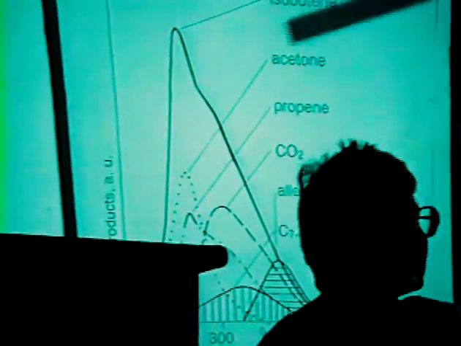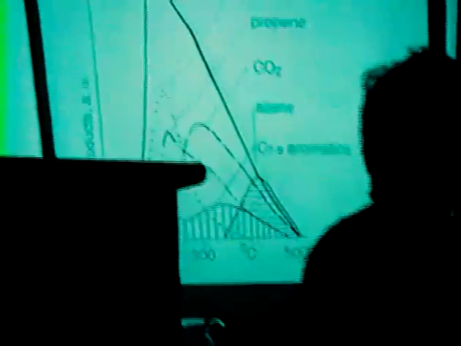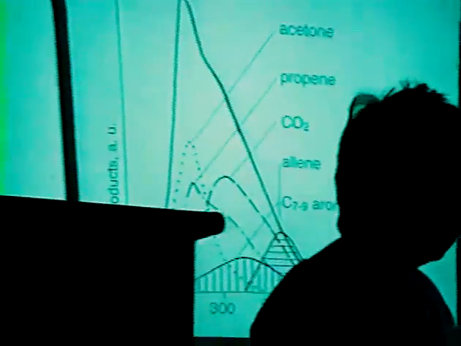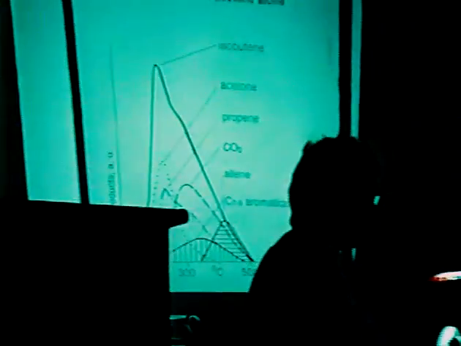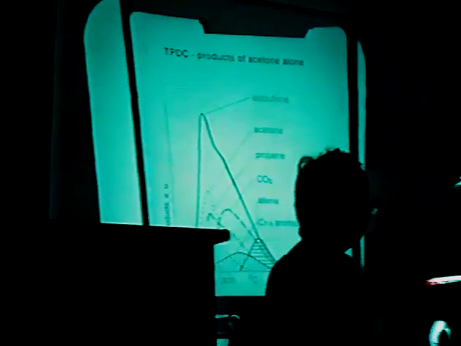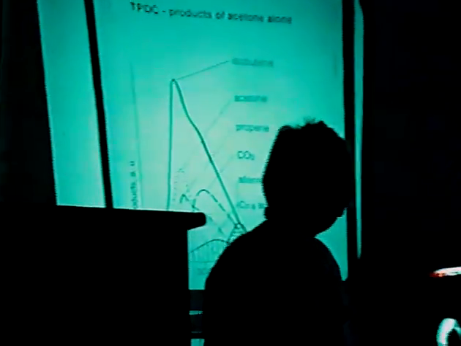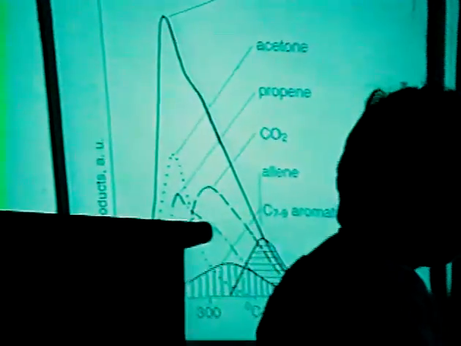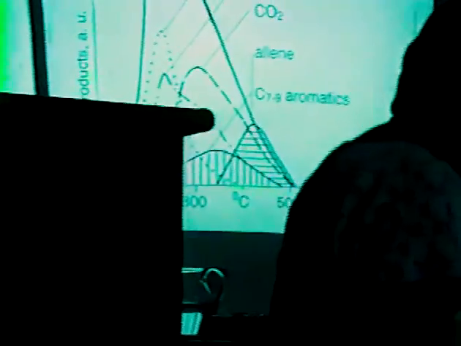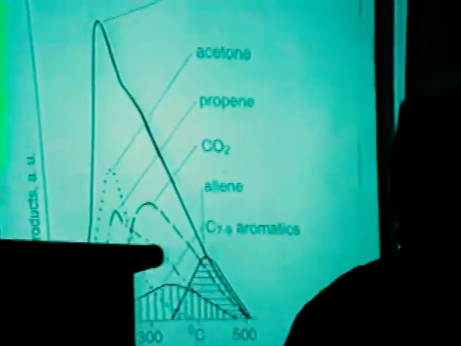The composition of the products of acetone alone is seen in this transparency. Here we also interrupted the temperature heating at about 120 or 130 degrees centigrade, and at constant temperature, when the acetone was alone, we didn't introduce anything, but we kept closed the adsorption vessel for 20 minutes, and then we resumed the temperature program.